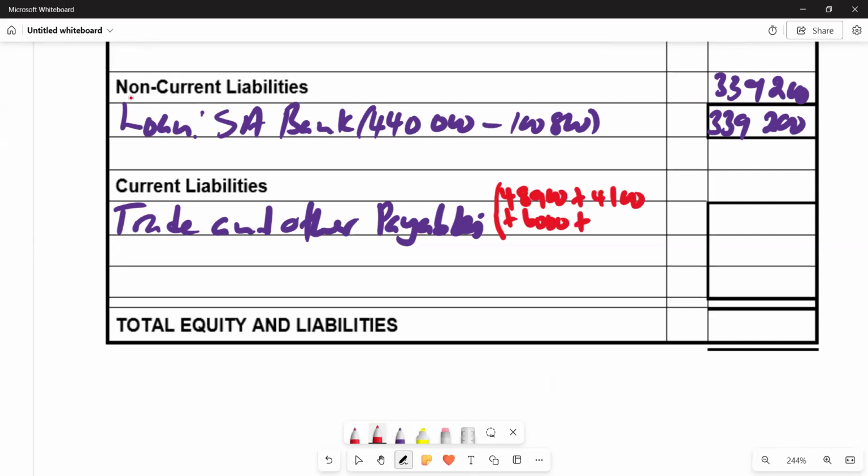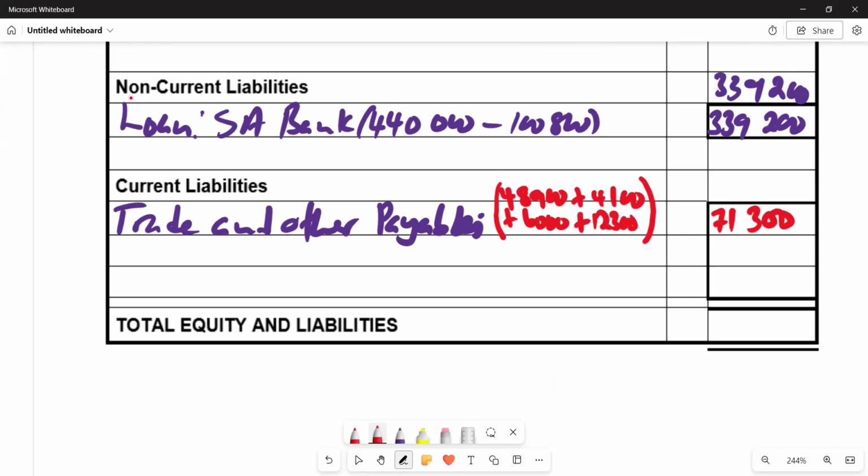And then we are also going to add our 12,300. And then the total figure that we are supposed to get there is 71,300. And then this is what we have.